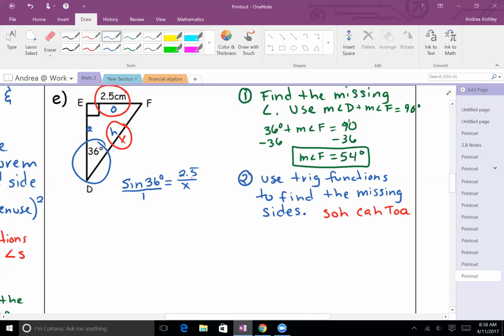So x times sine 36 equals 1 times 2.5. Then you're going to divide by the sine of 36. These will cancel.